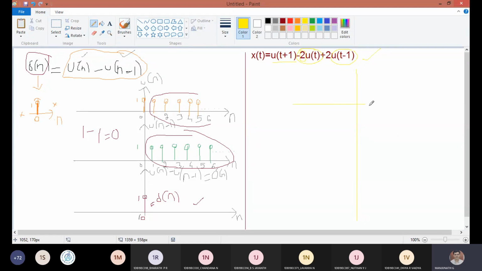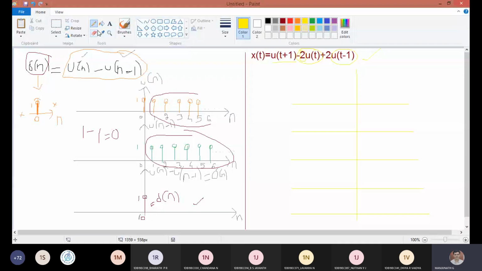I want u of t, then u of t plus 1, then the amplitude. The negation part I will write here. Then you want one more, t plus 1, and there comes your last part, the last symbol. You can make two divisions like this, then go ahead with what you want. The first thing to plot: u of t is the base, correct?